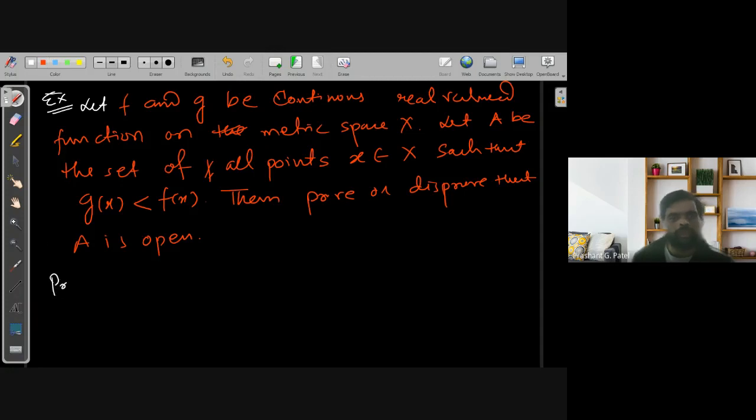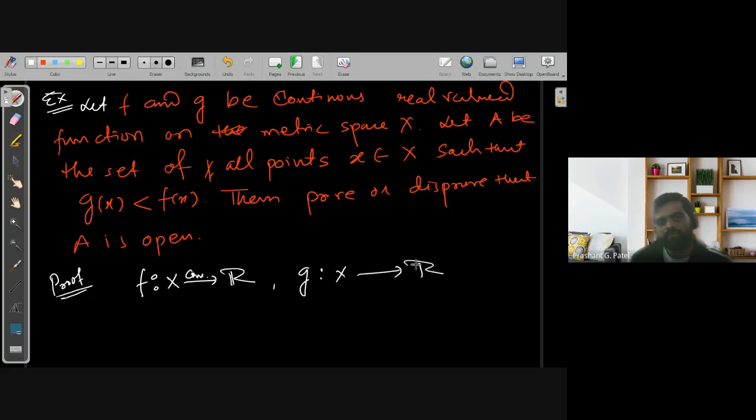So what is your answer? Let me write down what this set is first. It is given that f and g are continuous real valued functions. That means f is a function from X to R which is continuous, and g is also a function from X to R which is continuous.